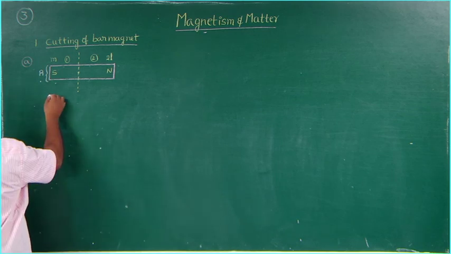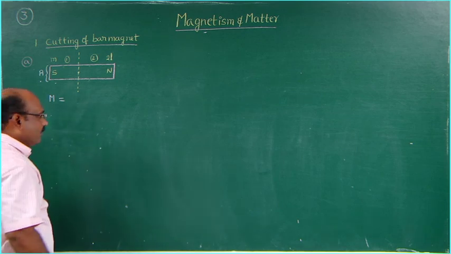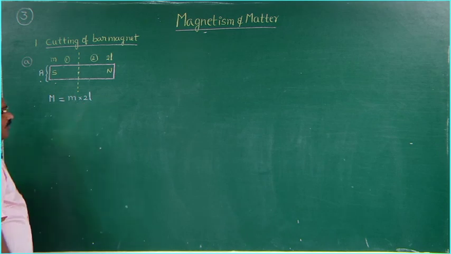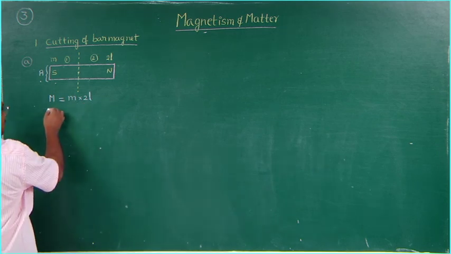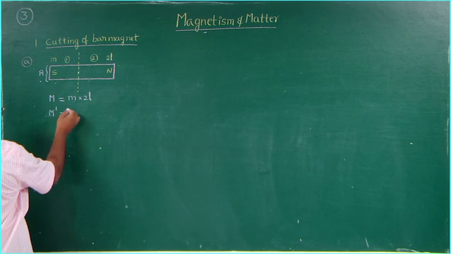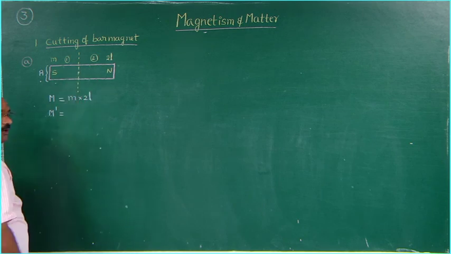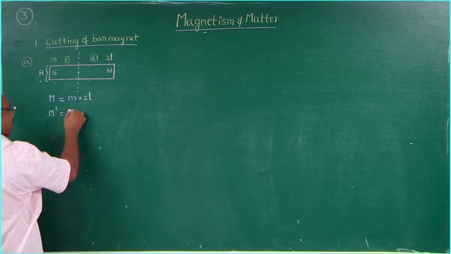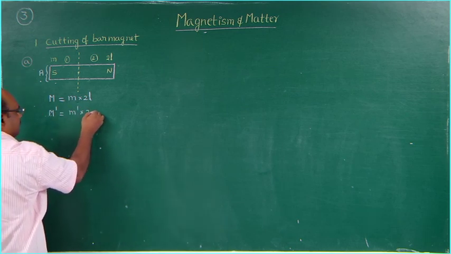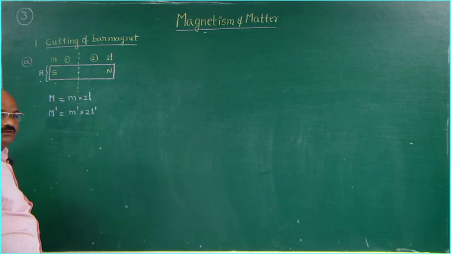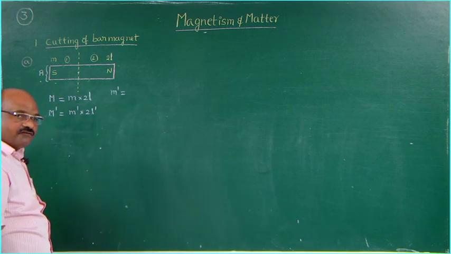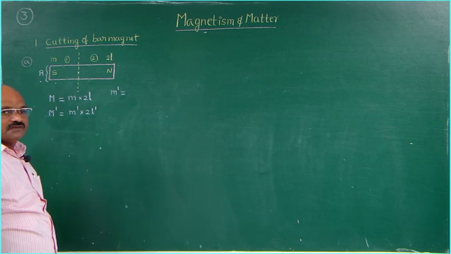Now, M dash. So, actually what is the formula for magnetic moment? Magnetic moment M is the product of pole strength and magnetic length, small m into 2L. But after cutting, what is the magnetic moment of each piece? Two pieces will come. M dash is equal to small m dash into 2L dash. Here m dash means the pole strength of each piece after cutting.